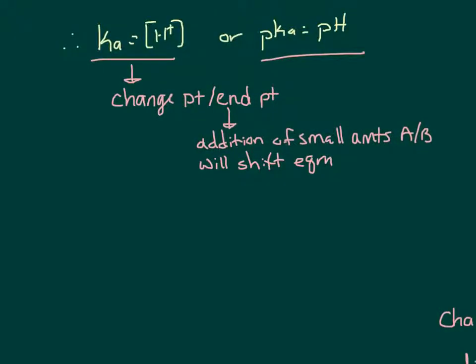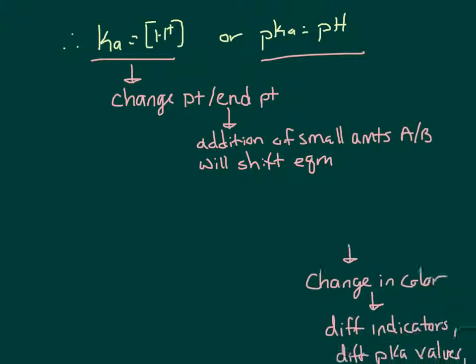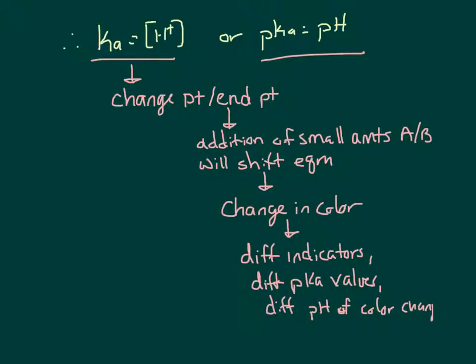So when that Ka is equal to the hydrogen ion concentration, that is called the change point or the end point in which that indicator is working. An addition of a small amount of acid or base will therefore shift the equilibrium and change the color. Different indicators have different pKa values, and therefore different pHs of color change.